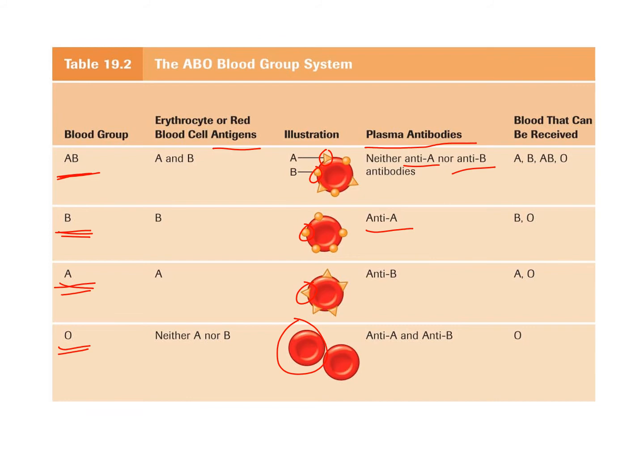If you are type A, you automatically have antibodies that recognize B antigen. And if you are type O, then you automatically have antibodies that recognize both A and B antigen. So, depending on what antigens you have on your red blood cells, that determines what type of antibodies you have in your serum.